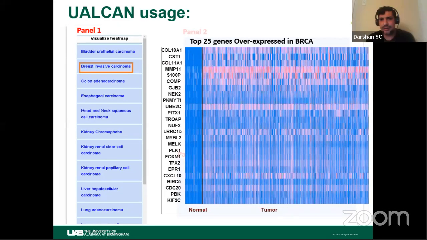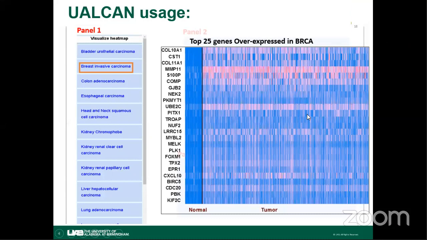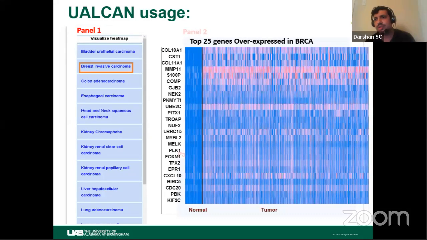Let me tell you that in case of breast cancer, TCGA has samples for about 114 normal tissues and about 1095 tumor tissues. So the heat map basically shows the level of expression of a particular gene in each of those individuals.